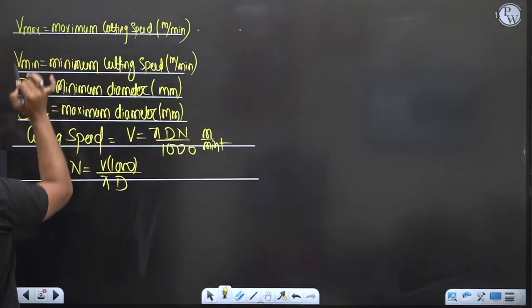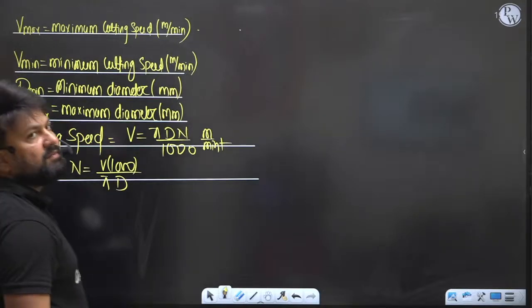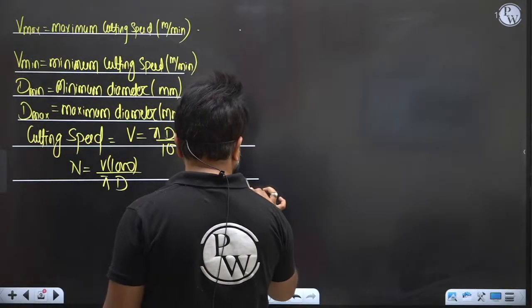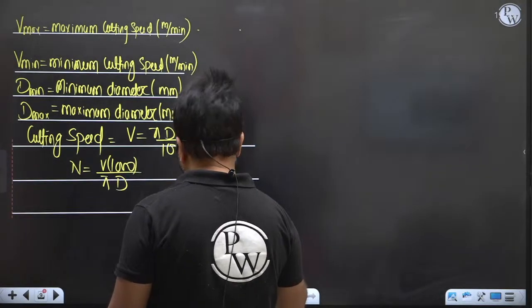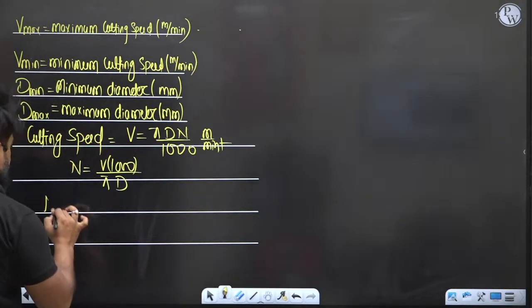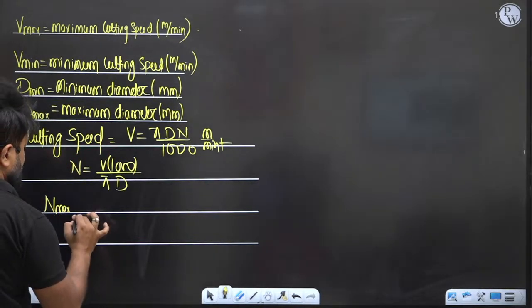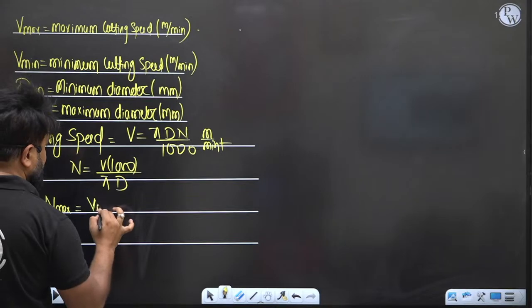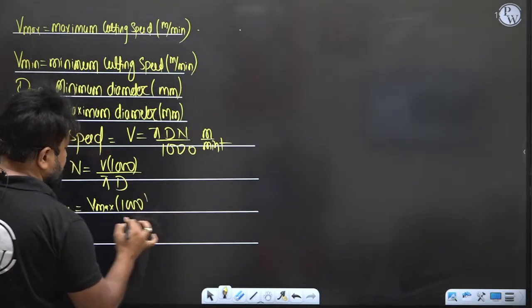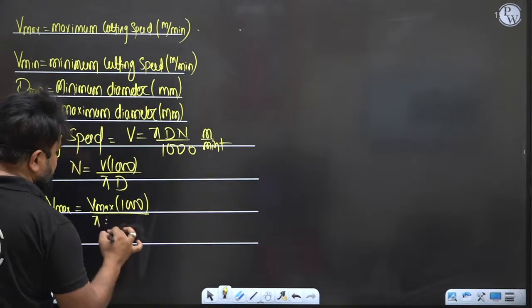And you need maximum RPM and minimum RPM, right? So for nmax, V should be what? Maximum cutting speed, and D should be what?